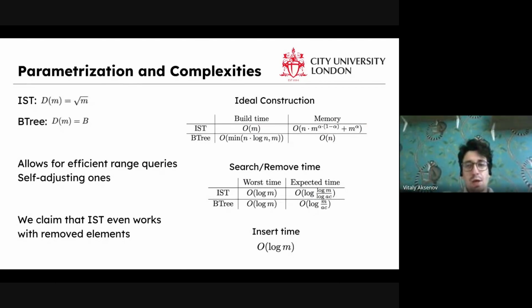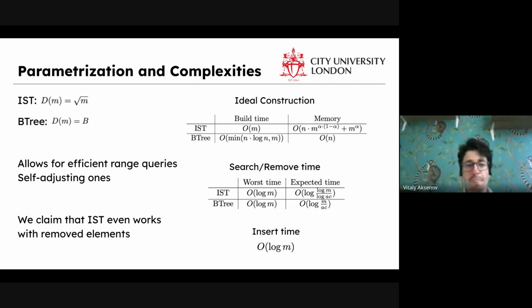The best thing about our algorithm is that it obviously allows for efficient range queries. And we even claim that this interpolation search tree works with removed elements. What do I mean by that? Usually, there are self-adjusting trees like SkipTree, SplayTree, etc. They do not perform well under deletions, as they only provide proofs for contains operations or replace operations.